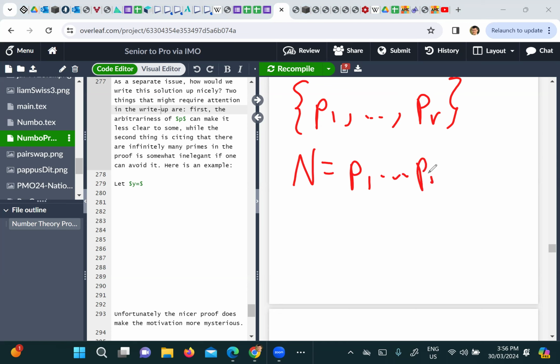So a prime factor of this number is not actually on the list. This proves that if we consider a finite number of primes, there will always be at least one prime factor that is not in that set.